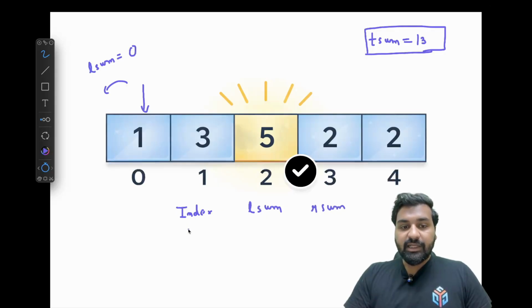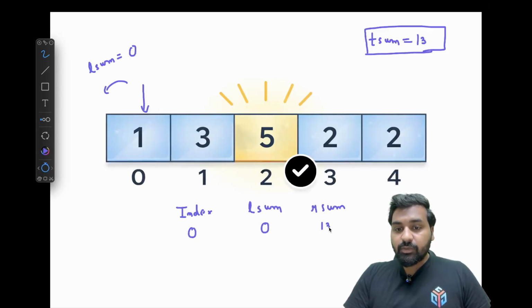So at index 0, the left sum is going to be 0, and the right sum is going to be 13 minus 1, right? That means the total sum minus the element at the index we are at. We are removing that. So that means 12. So left sum is 0, right sum is 12. Are they equal? No, they are not equal. So we are going to move forward to index 1.